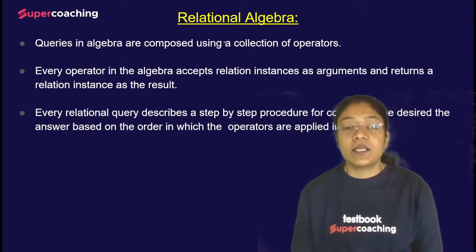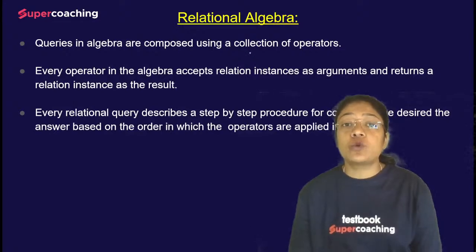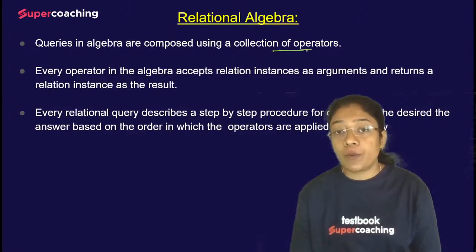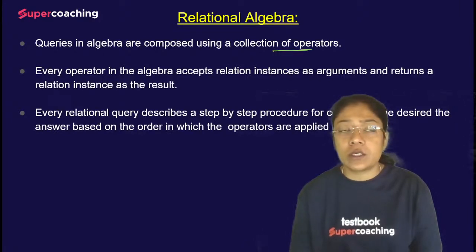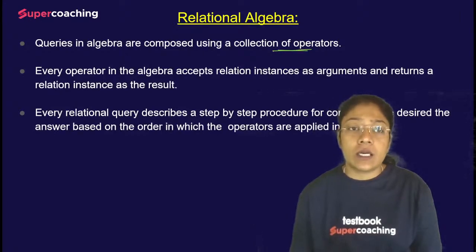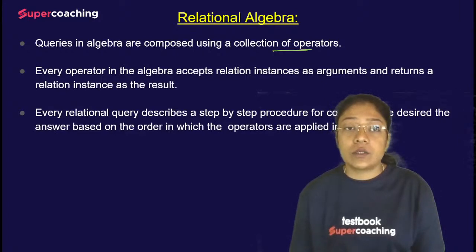Okay, so relational algebra is nothing but a query composed by using a collection of operators. We have seen the selection operator, projection operator, multiplication, division, union, set difference, intersection. So we have various operators which are going to execute a query.